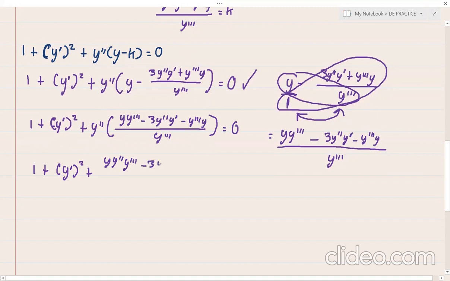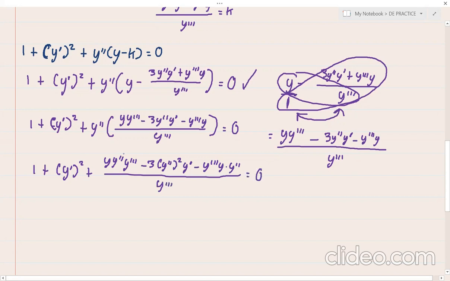Ay, tama. 3 times the square of y second prime times y prime minus y third prime times y second prime all over y third prime.